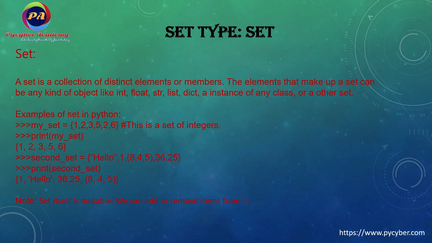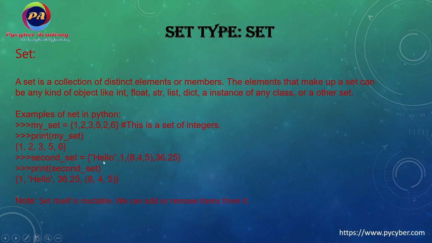So when we print my set, it will show 1, 2, 3, 5, 6, because a set does not allow duplicate values.